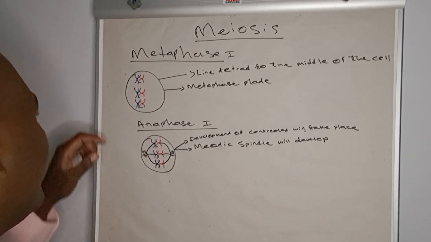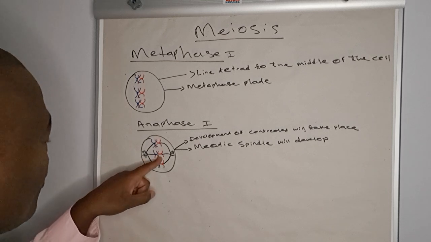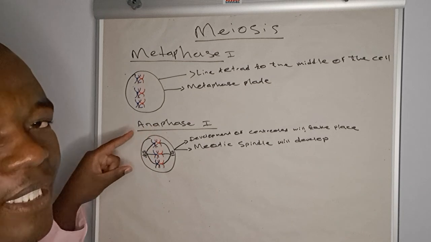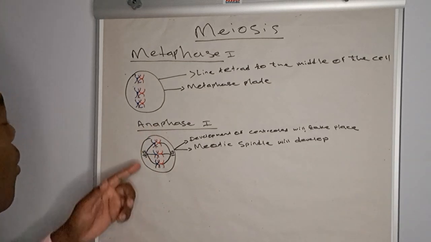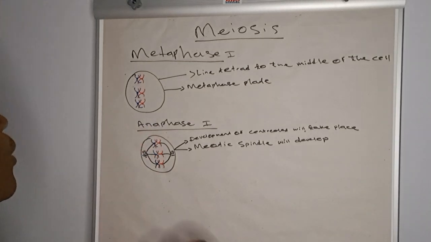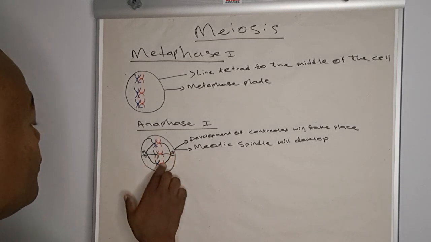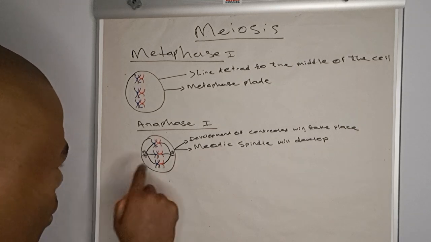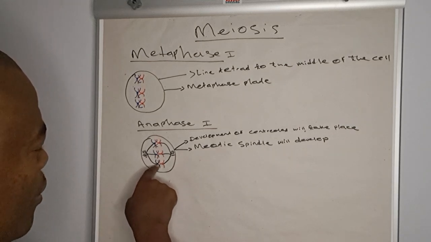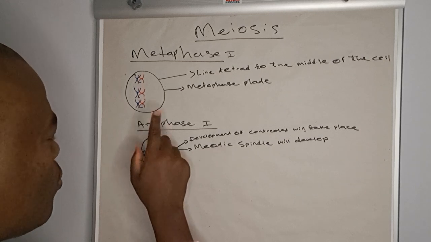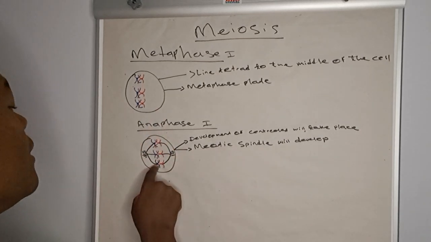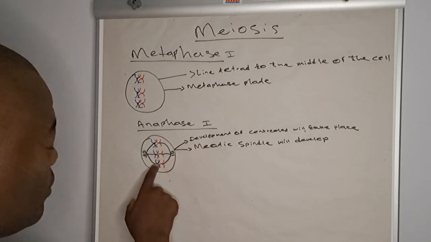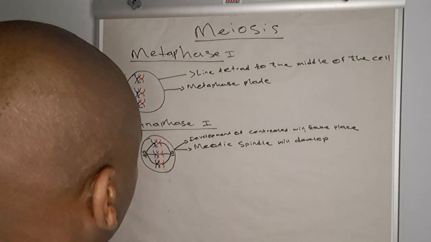Can you see we need to be holding on the centromere in order for us to enable the anaphase process to take place? There is nowhere else we can hold this without holding this centromere. And also centromere helps us to know how many chromosomes we have, how many tetrads we have. We count them with centromeres. We can't count them one, two, three. We need to see the centromere in order for us to count them.